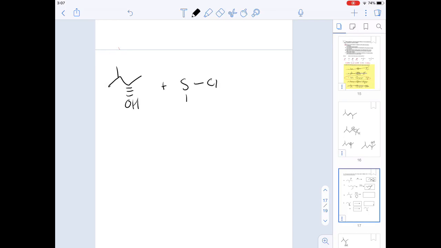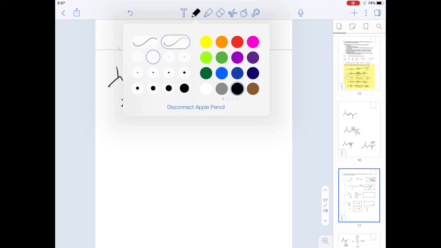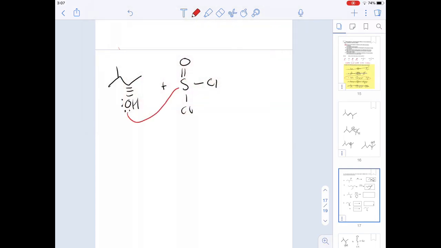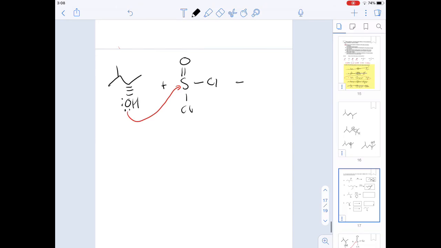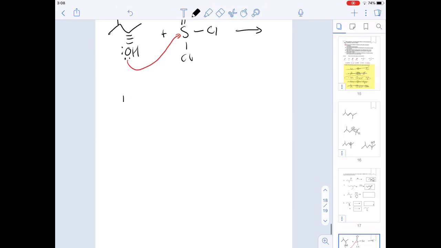Okay. So your electrons from your OH are going to come and attack your SOCl2, and this is going to form a giant complex that we are very used to seeing now.